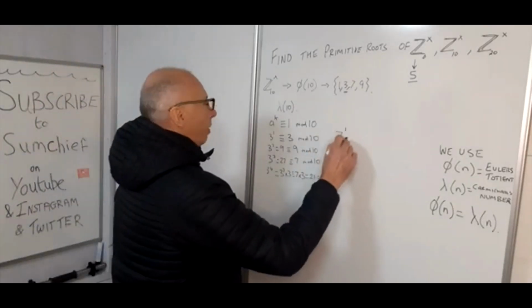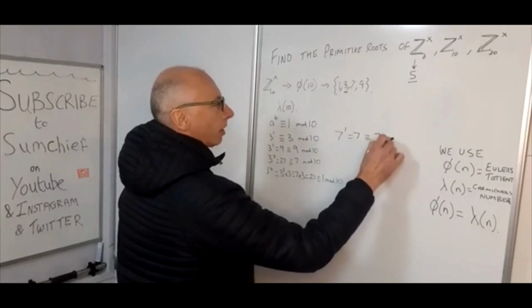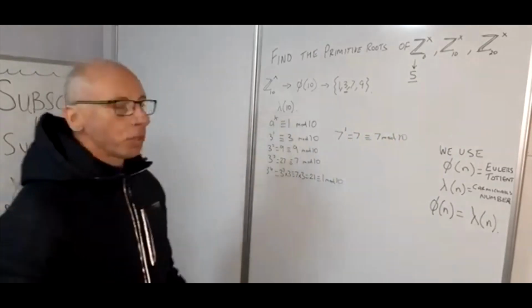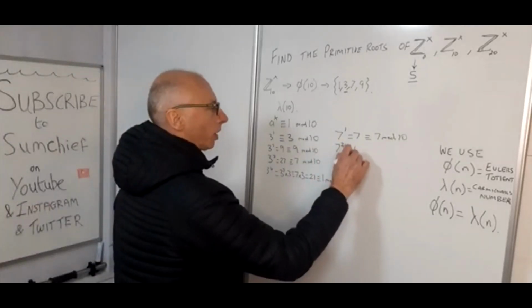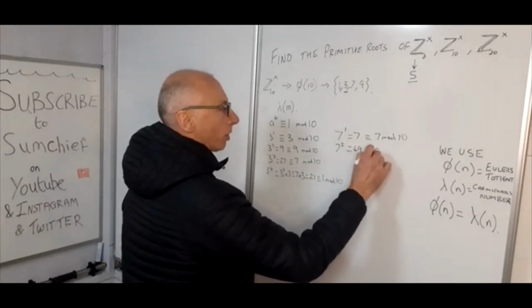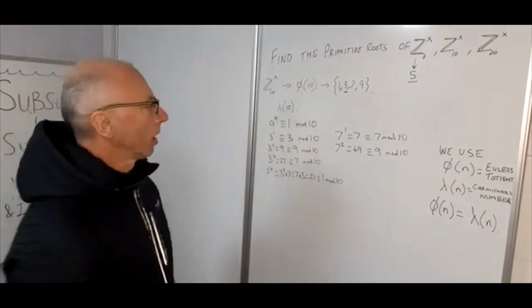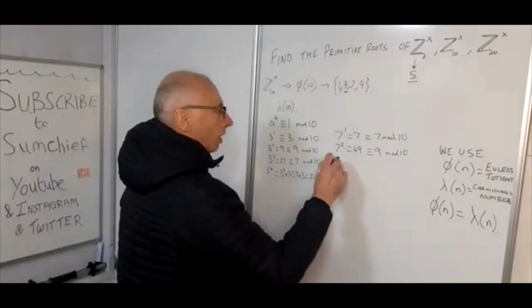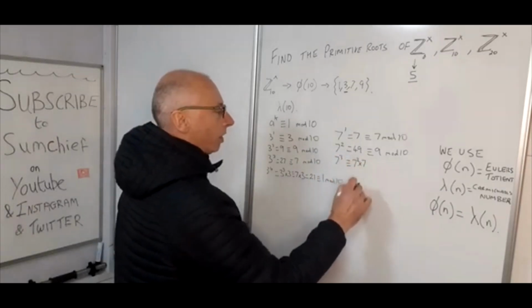So 7 to the power of 1 equals 7, which is congruent to 7 mod 10. It's pretty straightforward. 7 squared equals 49, which is congruent to 9 mod 10. So now we're looking good. 7 cubed is congruent to 7 squared times 7.